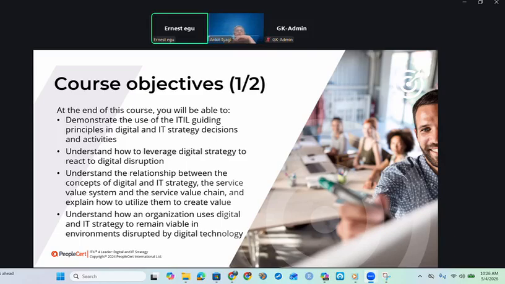Then understand how to leverage digital strategy to react to digital disruption. Now, this is not a common disruption or a normal disruption that we face on a day-to-day basis. This is the disruption that we are going to talk about at an organizational level, at an industry level, at a market level, at an ecosystem level, which has disrupted, for example, multiple industries, multiple markets. So, for example, the use of cloud services.